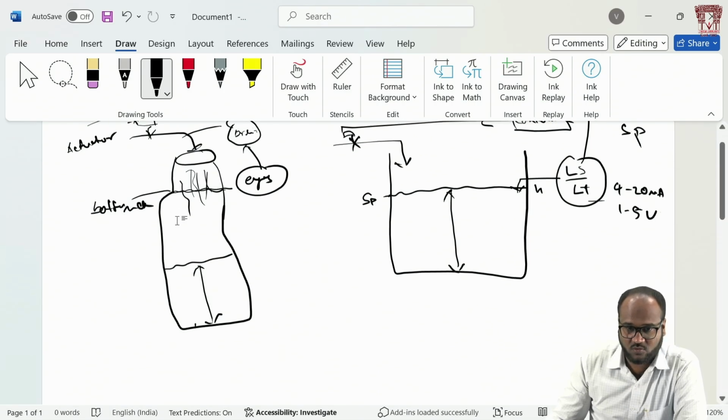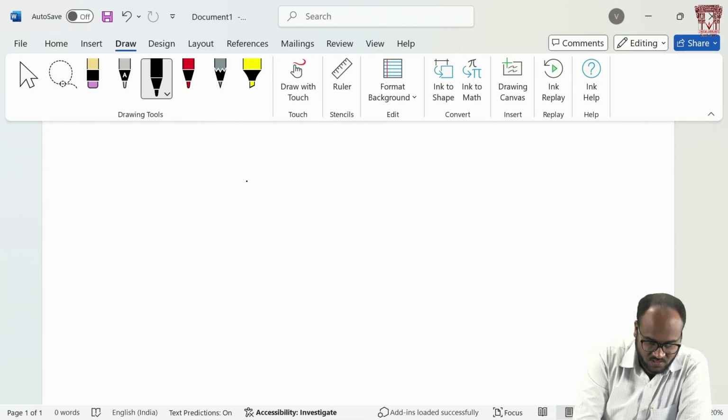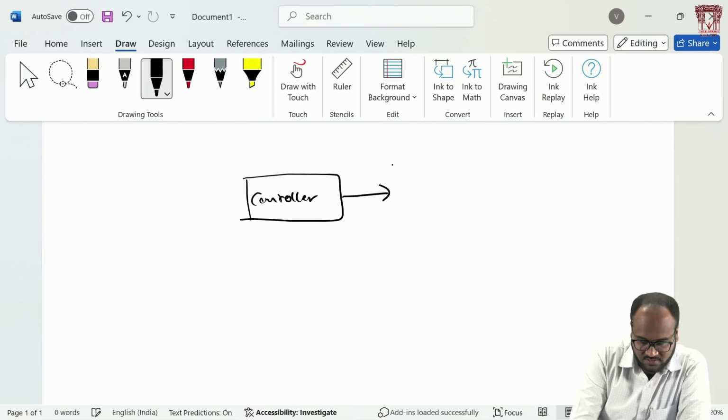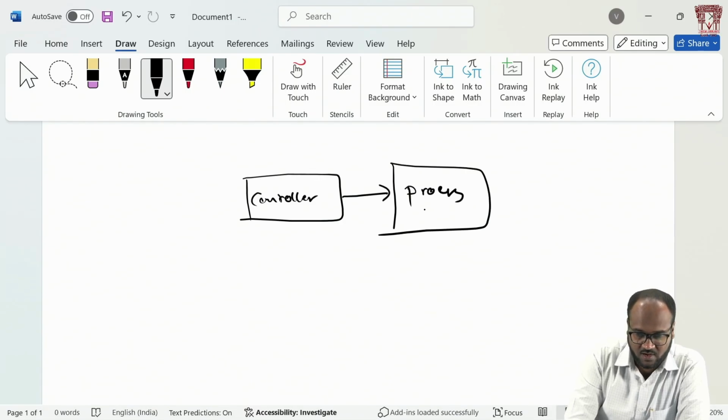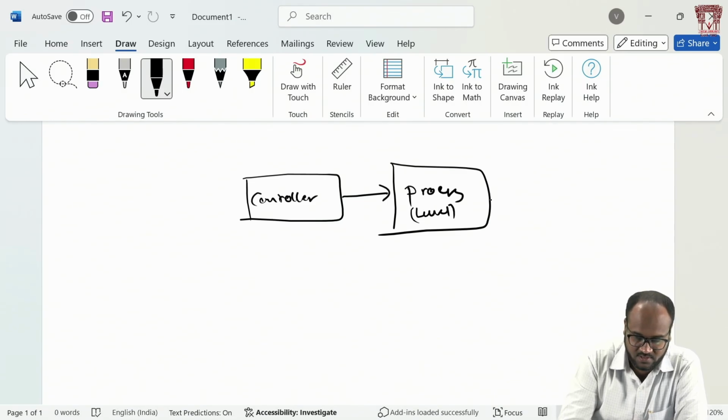If we see how we draw it in the form of a block diagram, if this is the controller, and this is a process. In our case the process is a level process. We are controlling the level of liquid in a tank.